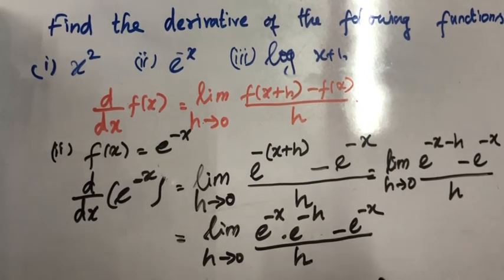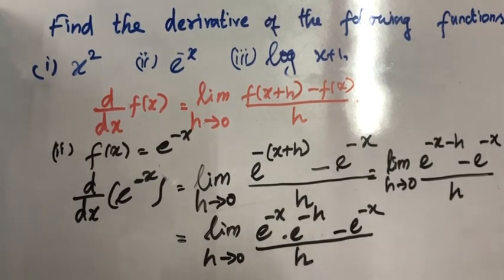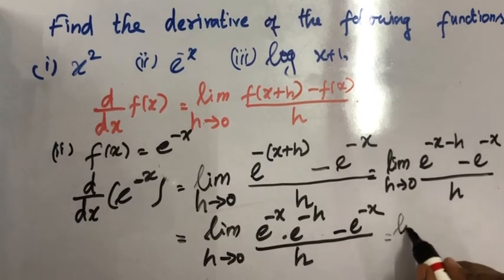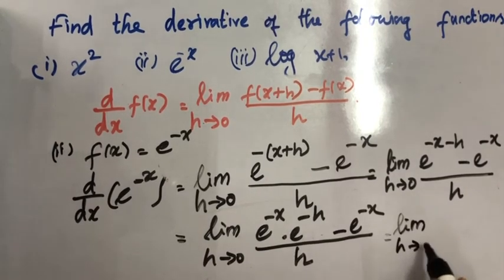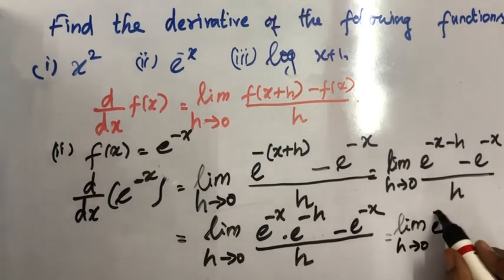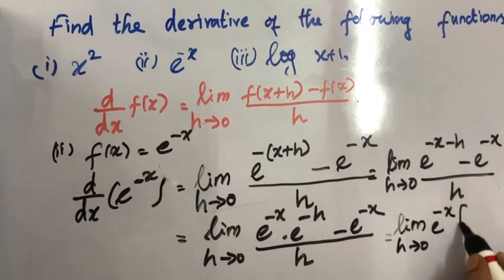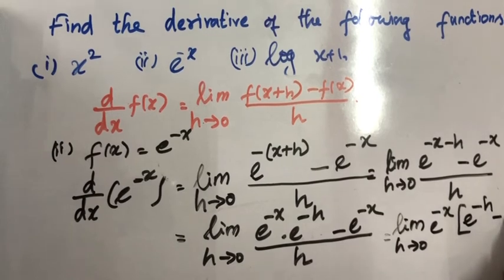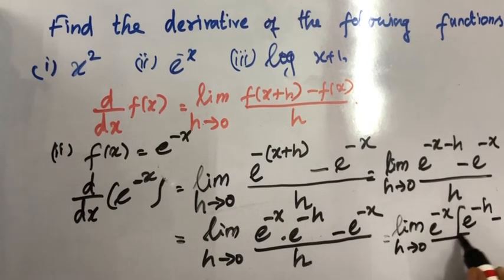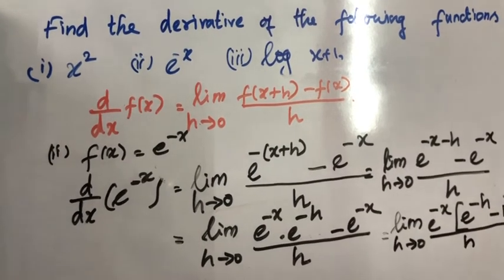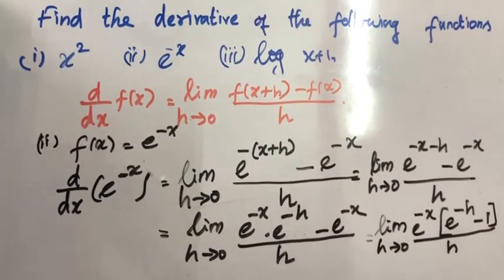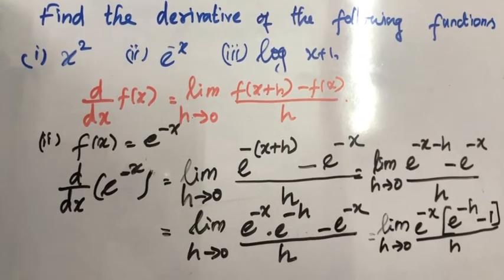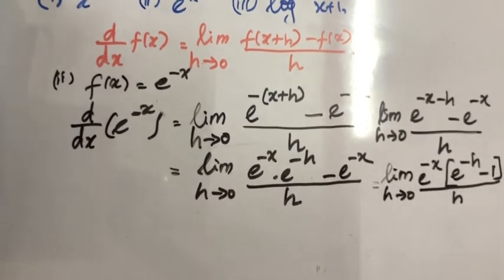Now we can take e power minus x as common, that is limit h tends to 0 of e power minus x, if you take it outside, it is e power minus h minus 1 divided by h.